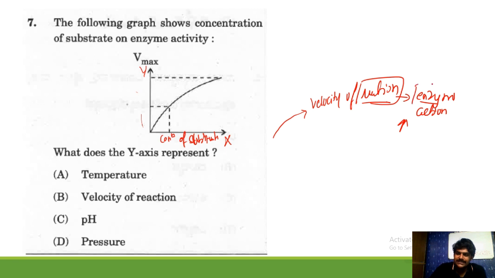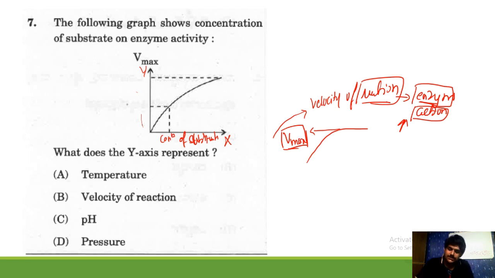So this is the important factor which directly affects the rate of the reaction, and it increases up to a certain level, and that level is known as V max, that is V maximum. When the substrate concentration reaches the V max level, the rise in the reaction stops.